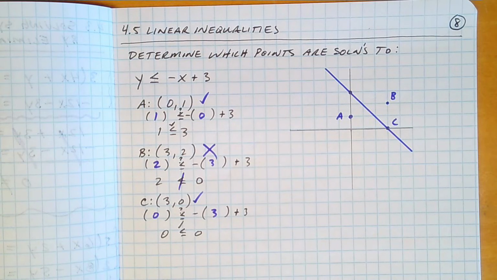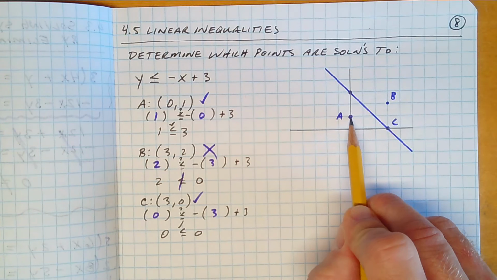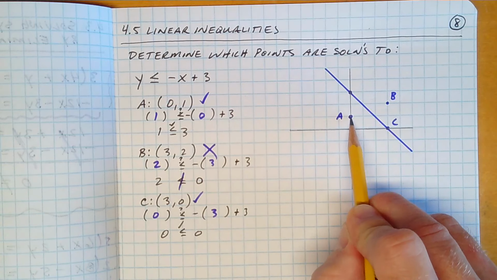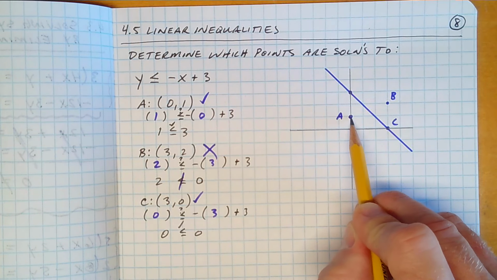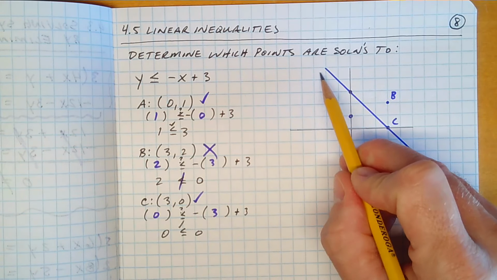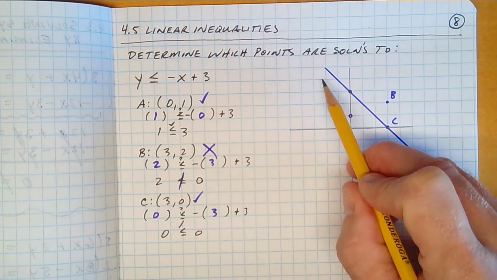Well, it turns out there are an infinite number of solutions to a linear inequality. And if one point on a side of a line is a solution to the inequality, then every single other point on that same side of the line is also a solution. So since we know A is a solution to this inequality, every single point over here is a solution.